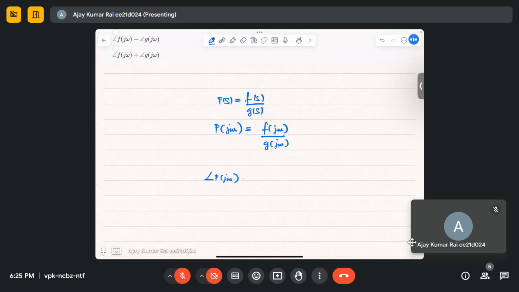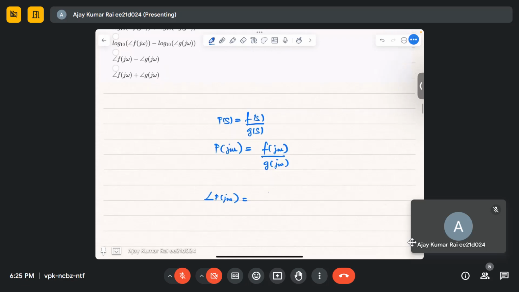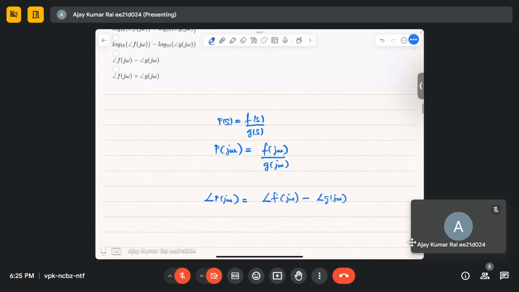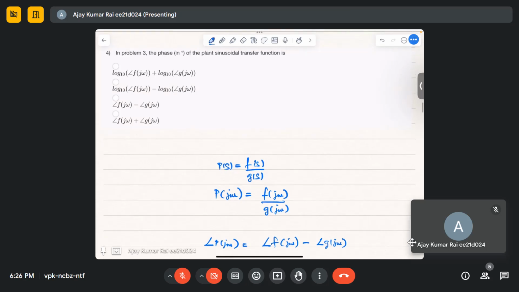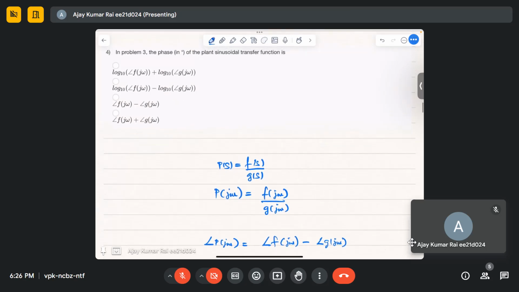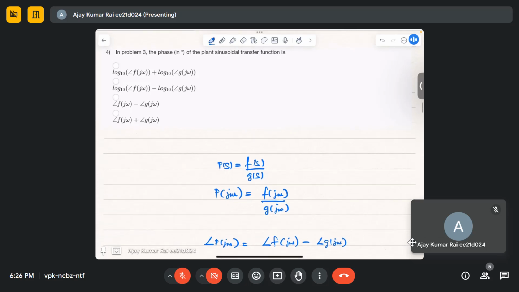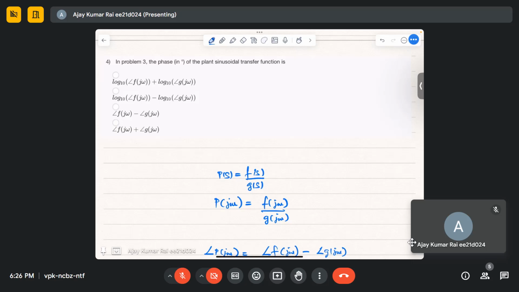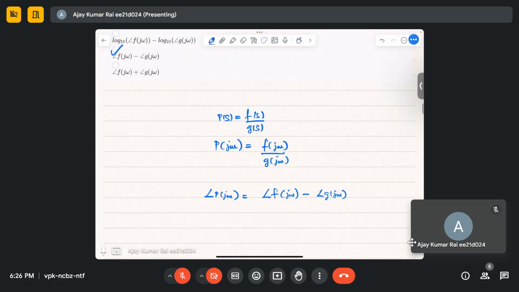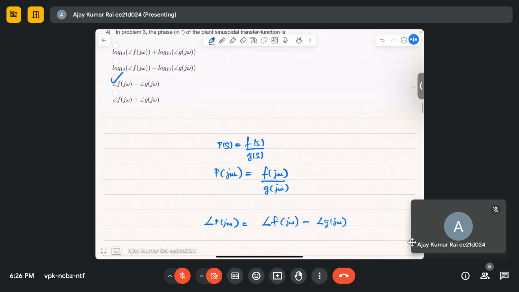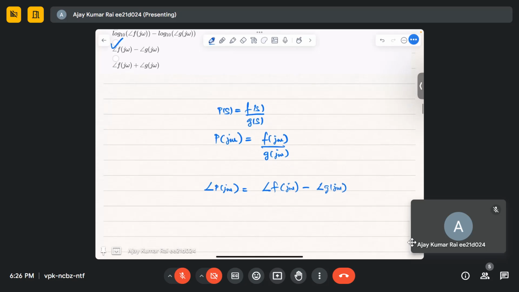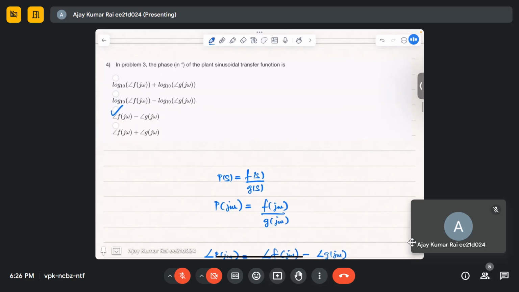So this is equal to, very simple, phase of j omega minus phase of j omega. So that is one of the advantages, directly we can get the phase. Which option is correct here? We don't take the log here. So this is correct, right? Because G of j omega was in denominator, that's why the minus sign. I hope there is no doubt in this case also.